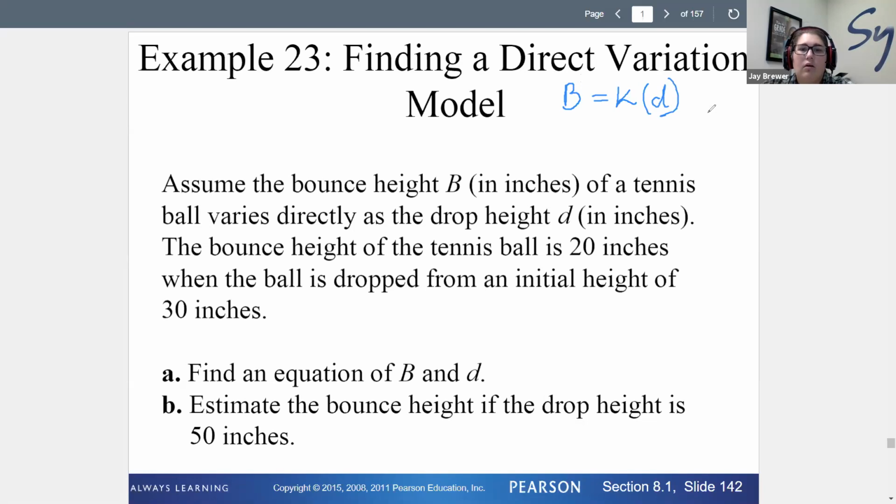Okay. So if I wasn't here to tell you that equation, how would you know which variable to put in for x and which variable to put in for y? If that's the problem you had, how would you know which goes where?